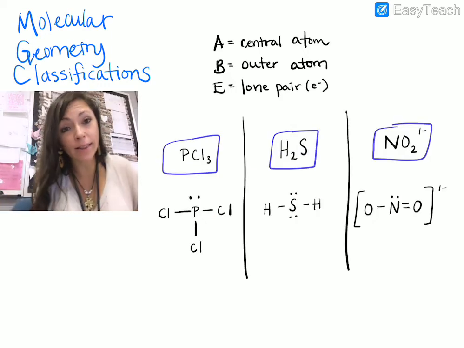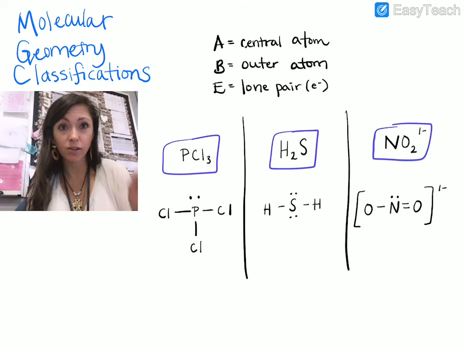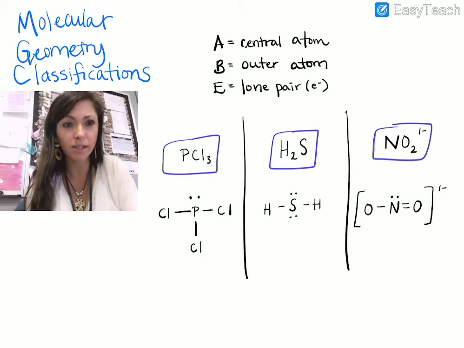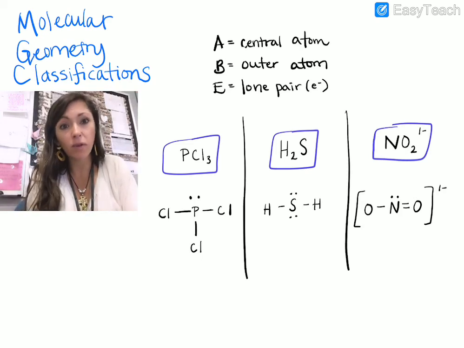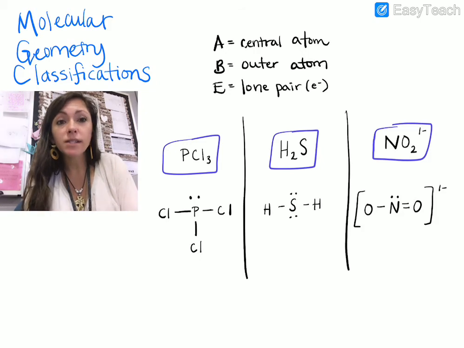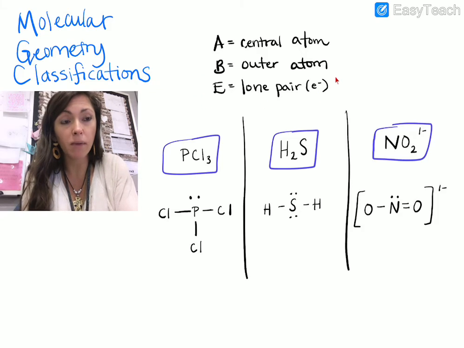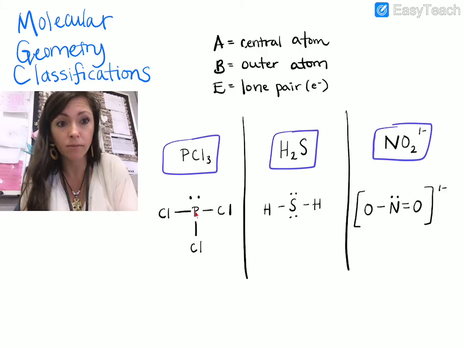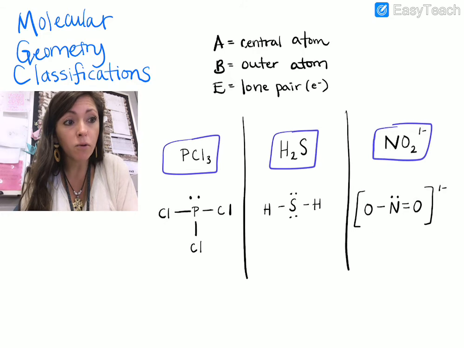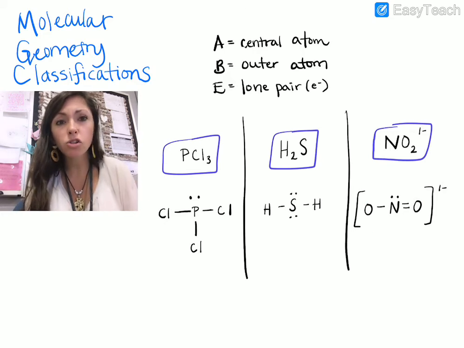Okay, so I put the last 3 classifications on here together so we can look at their differences and then what they have in common as well. What's different from these classifications than the last 3 that's been mentioned is that there are lone pairs around the central atom. Notice, once again, I purposely have left off the lone pairs around the outer atoms because those aren't necessary.